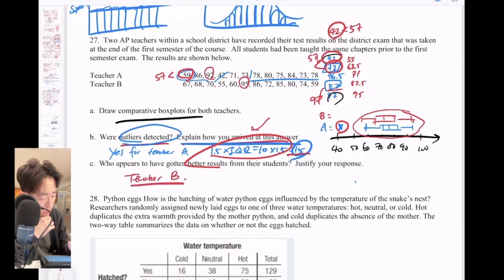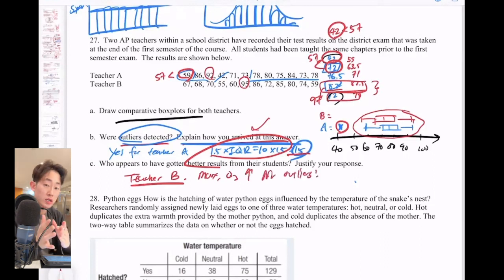Yes. So the reason for that is because you can see how all the numbers are very comparable on the higher end. The max and Q3 are definitely higher, and also no outliers on the lower side. The minimum is higher, which means you can feel safer with teacher B because the lowest possible score that teacher B ever got was a 55, whereas for teacher A, this one student just bombed it and got 42.